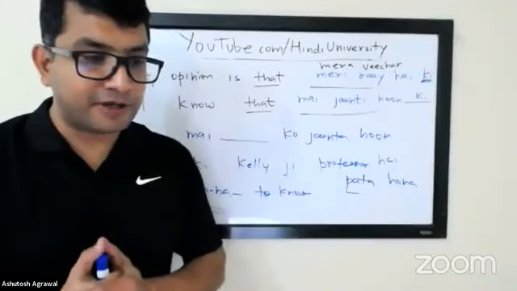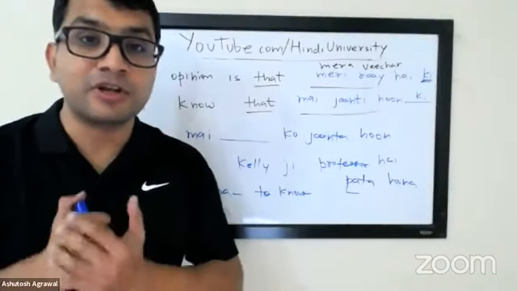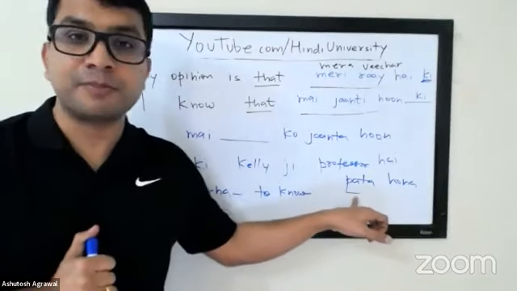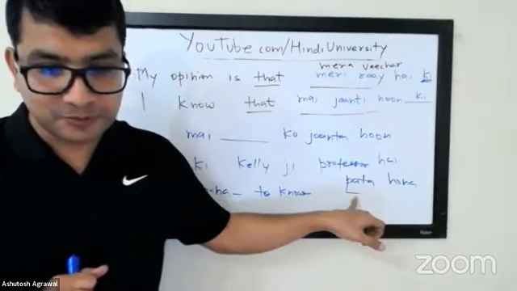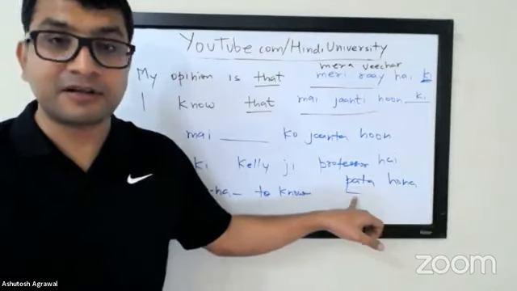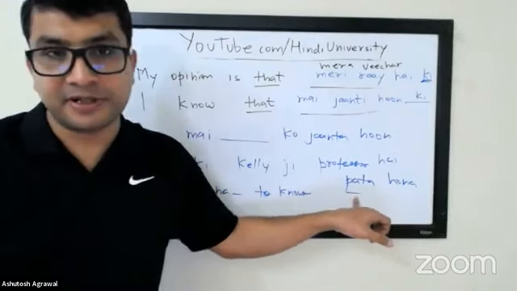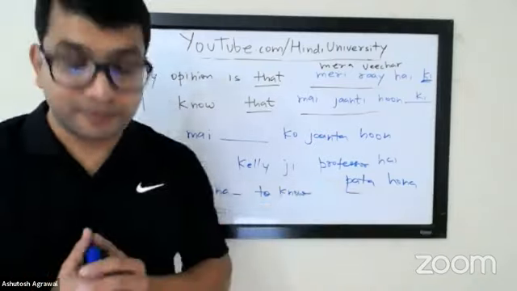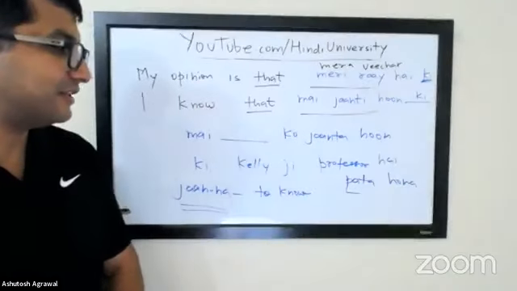For example, if I'm not giving you the answer, I can tell you, why don't you investigate? Isko jaake pata karo. Imperative. Pata karna is a verb, but I'm using it as an imperative. Aap pata karo, which would be like, get that knowledge. That's right, get that knowledge.